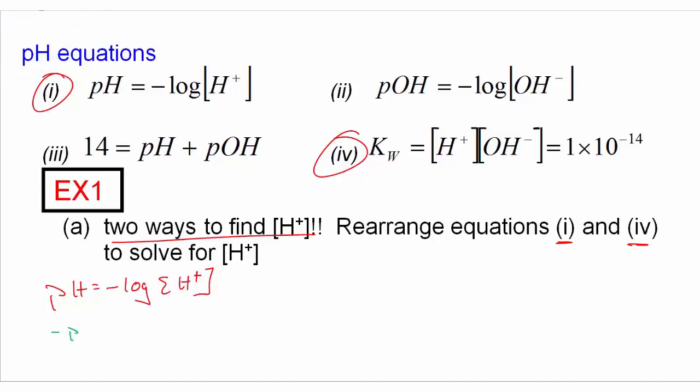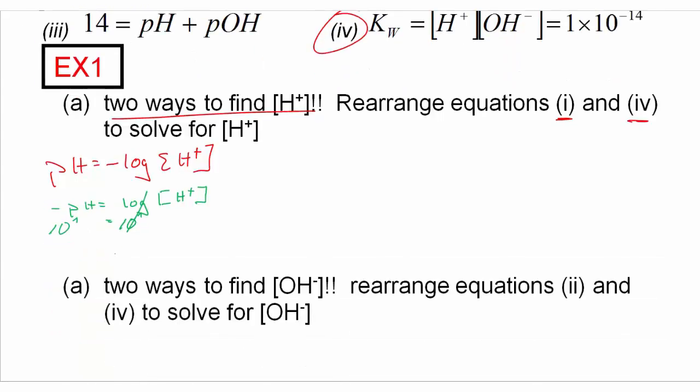We'll have a negative pH equals a log of the hydrogen ion concentration. Raise both sides to what power to cancel out that log, the 10. Right? And the 10 and the log cancel out, and what you're left with is 10 to the negative pH equals the hydrogen ion concentration.